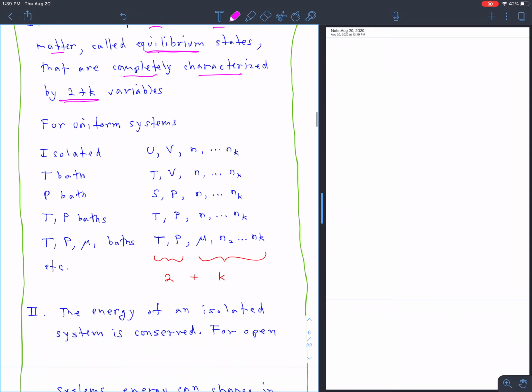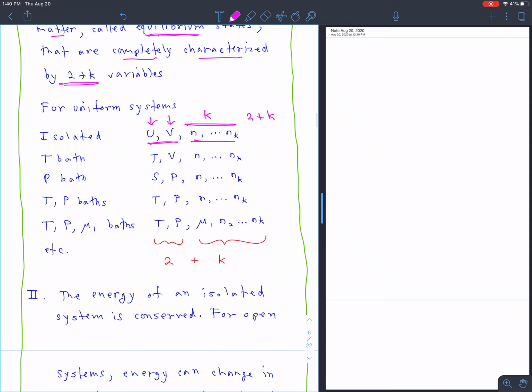Well, for uniform systems, that is, if you don't have a patchwork system, if its chemical composition is uniform throughout, then for an isolated system, there can be energy, volume, and now, before I've just talked about one mole number, but you can have as many mole numbers as you like, let's say k of them. If your system has k chemical components, then there will be k mole numbers associated with those. And that's the 2 plus k business, energy, volume, and k mole numbers.